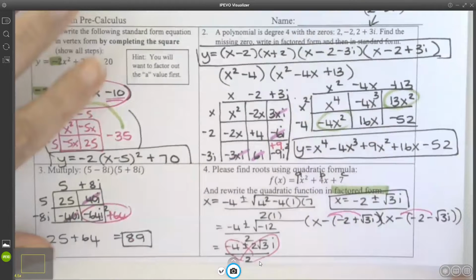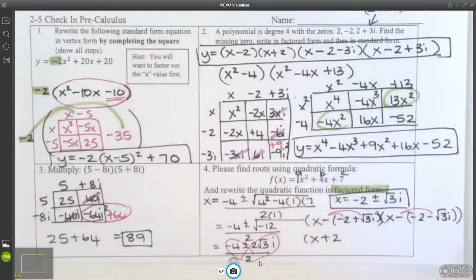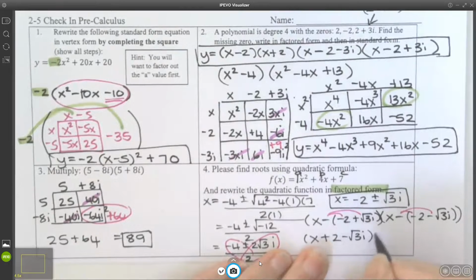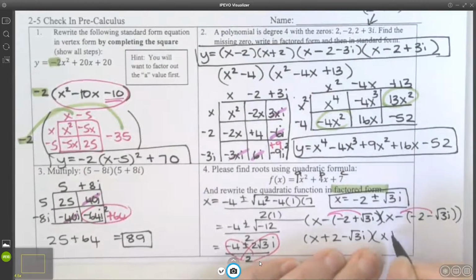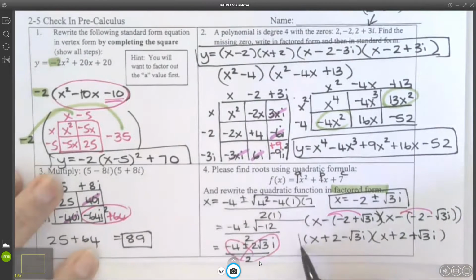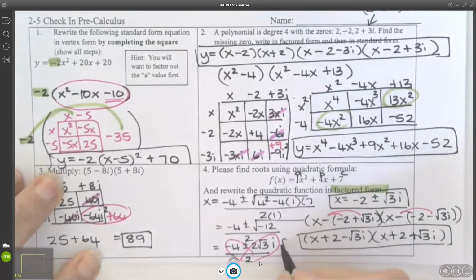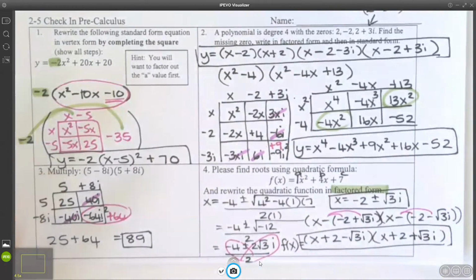And so my final factors are going to be x plus 2 minus root 3 i and x plus 2 plus root 3 i. And so this would be the factored form. Actually, we would want to write it as f of x equals the factored form.